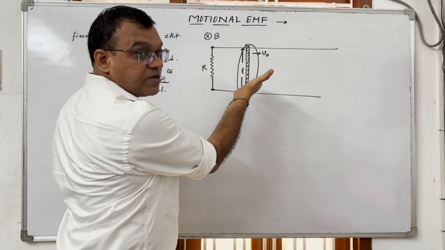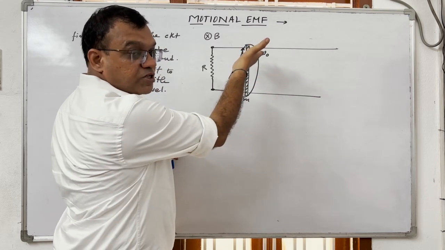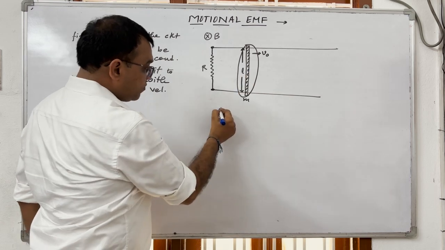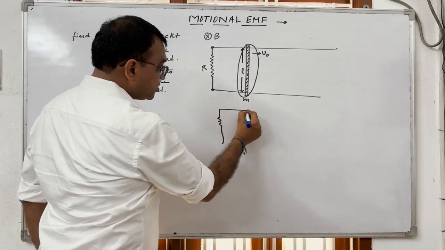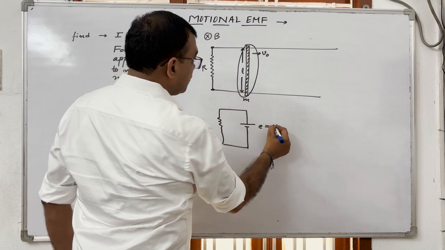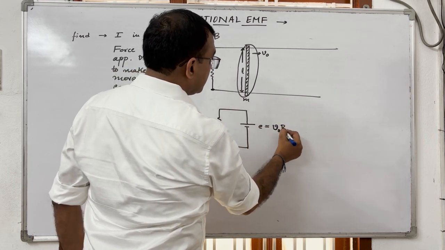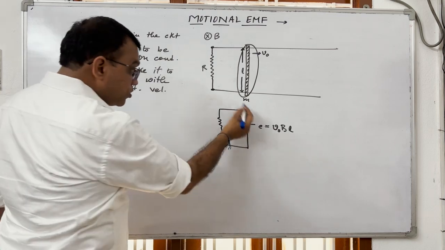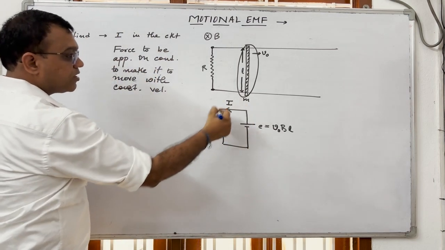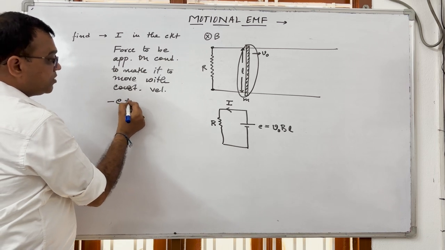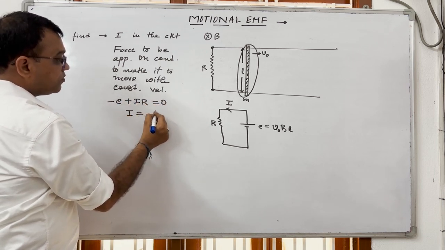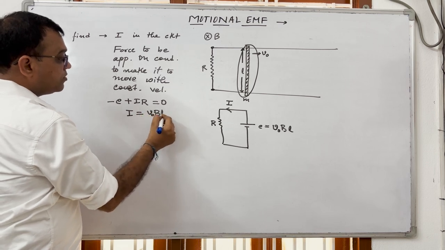V, B in this direction, then EMF induced is V B L. So this is equivalent to this resistor and a battery of EMF V0 B L. Because of this, a current I is flowing. By applying KVL, minus E plus IR equal to 0, you get the current as V0 B L divided by R.